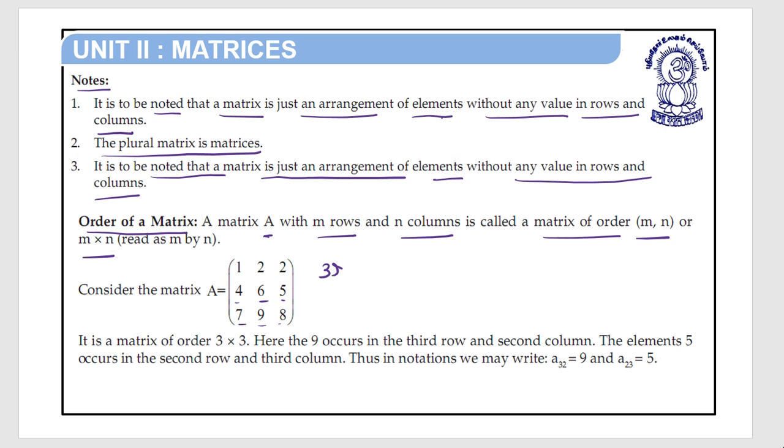Here 3 rows and 3 columns. So it is 3 by 3, 3 comma 3 in open bracket, or 3 by 3 matrix.